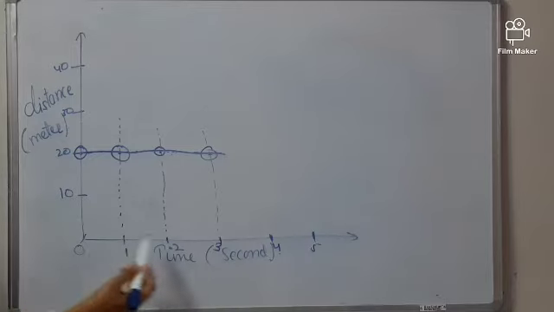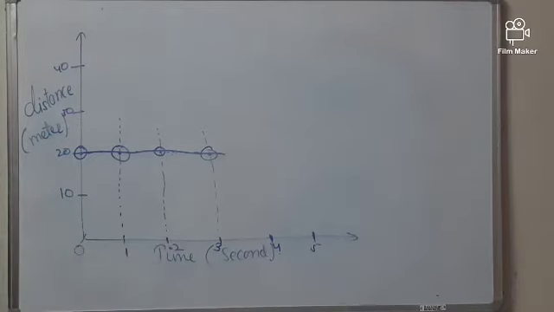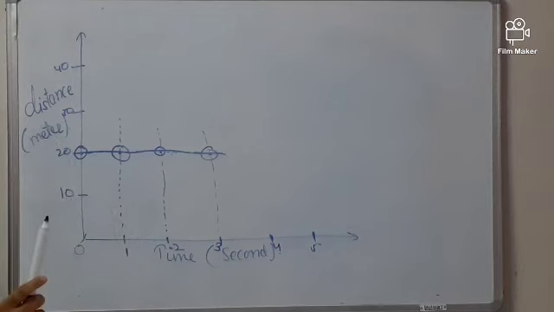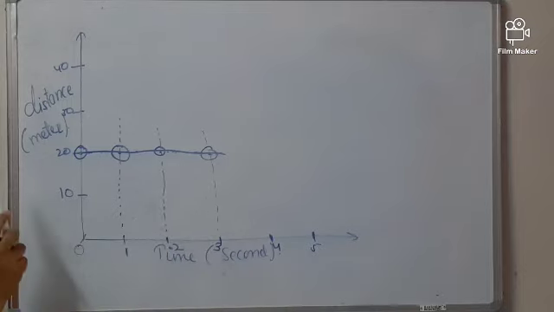It means whenever you have a straight line parallel to the time axis, the body is in a state of rest. At 0 distance is 20, at 1 distance is 20, at 2 distance is 20, which means the distance is not changing. It means the object is at rest. Through this graph you can conclude that in rest position the distance time graph will have a line parallel to the time axis.